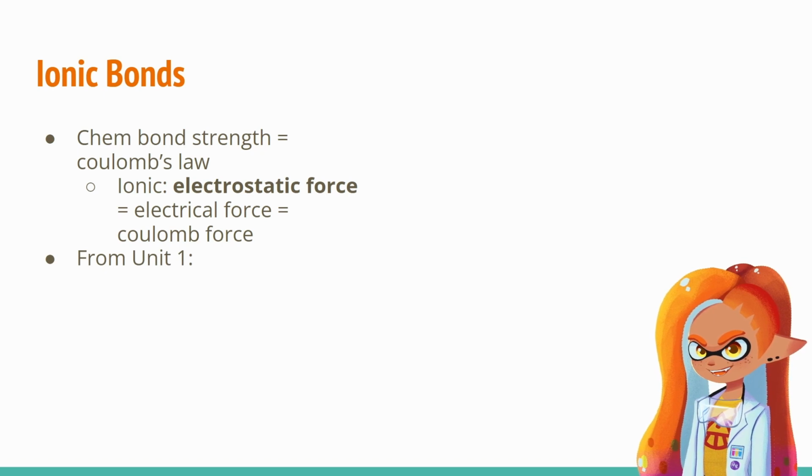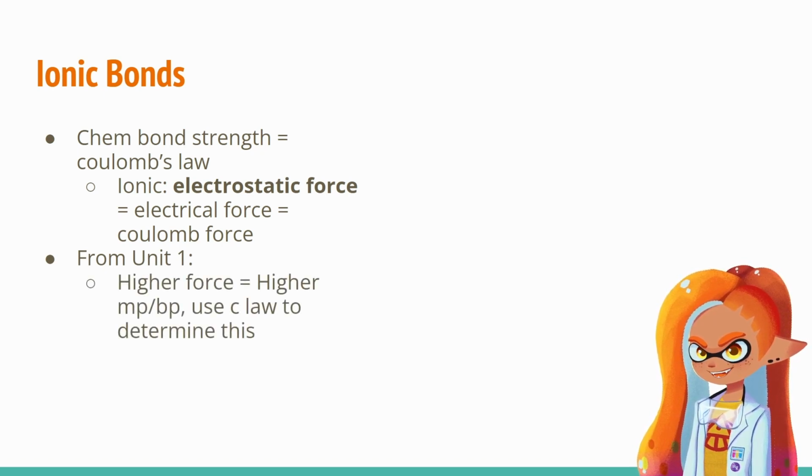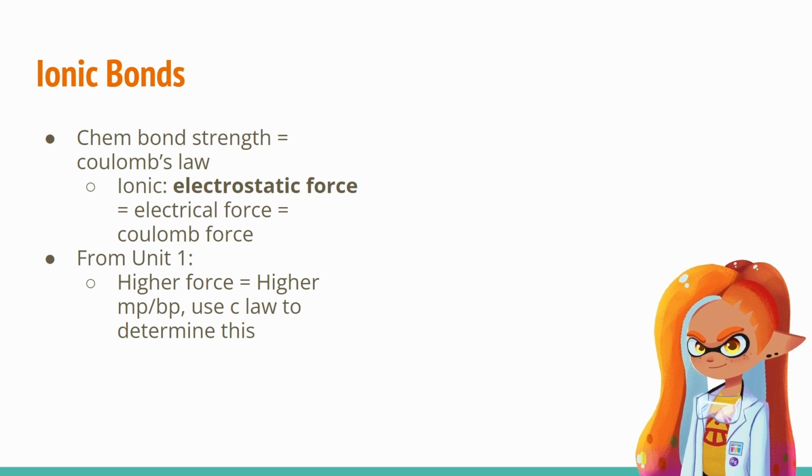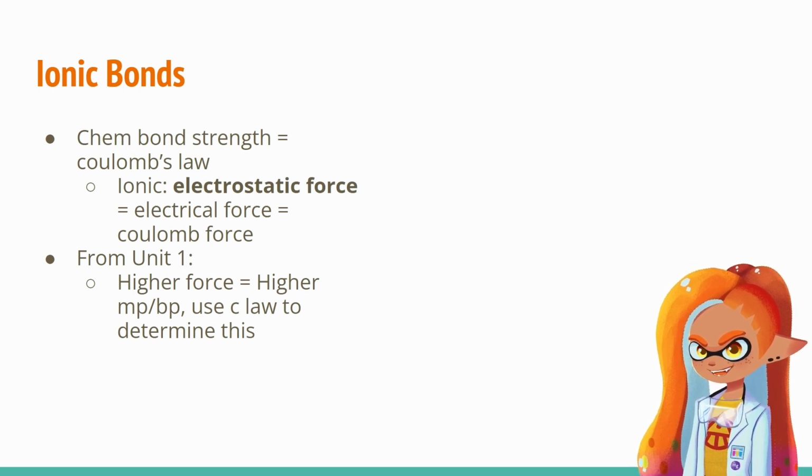And so from Unit 1, you should be able to determine a couple different things. If you have a higher electrostatic force, then that means you would have a higher melting point or boiling point. You should be able to use Coulomb's law to determine this, so that you can explain it in an MCQ or something like that.